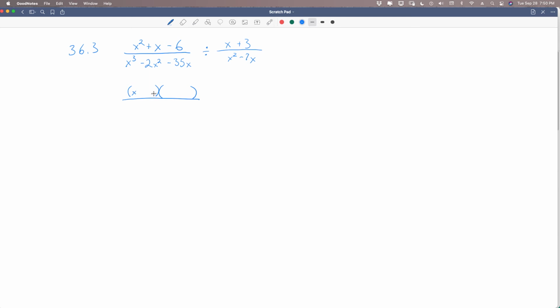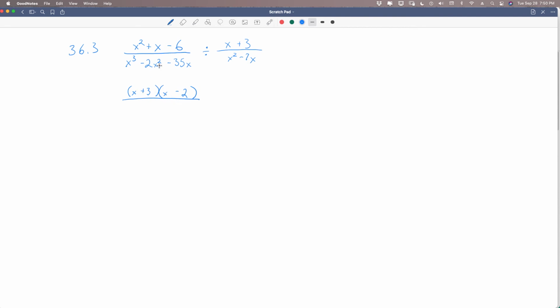We have an x squared, so we put an x in the beginning because x times x is x squared. Now we have a negative 6 that needs to end up with a positive 1. So it tells me that the 3 is going to be positive and the 2 is going to be negative, because a positive 3 times a negative 2 is a negative 6. But when you combine positive 3 and negative 2, you get 1x left behind. All right, so that's factored.